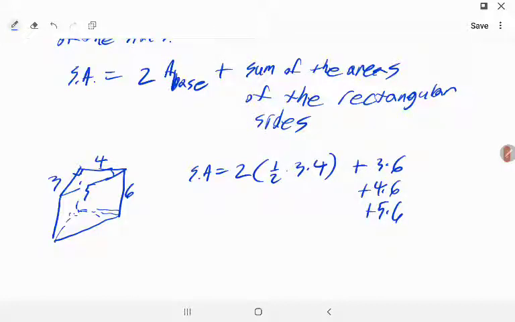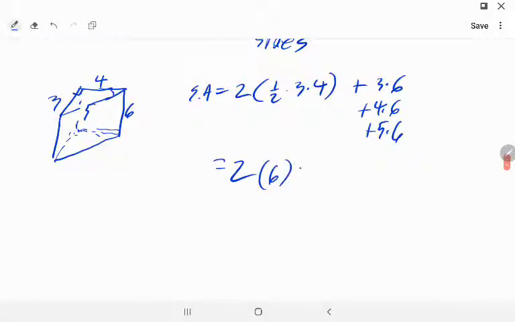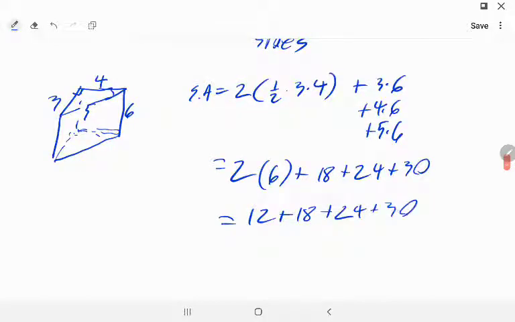One of them is 3 by 6, one is 4 by 6, one is 5 by 6. So we end up getting 2 times 6, plus 18, plus 24, plus 30. And so we get 12 plus 18 plus 24 plus 30, which is 84 square units.